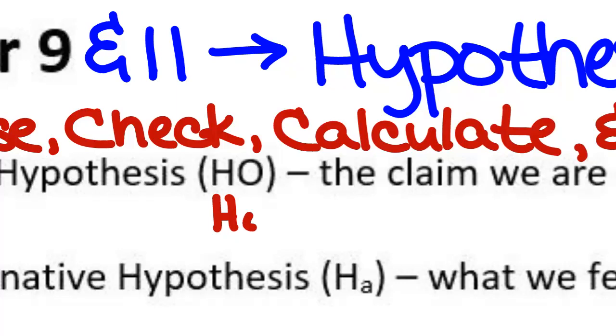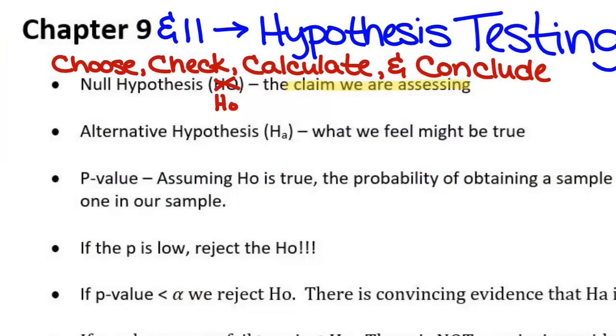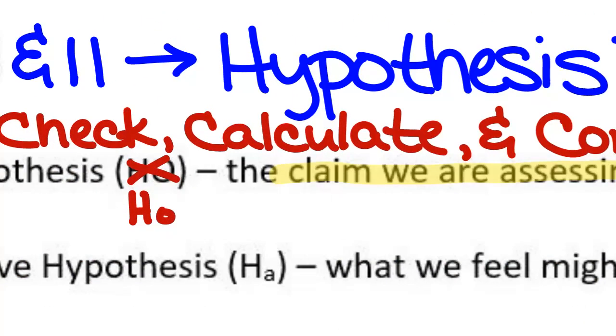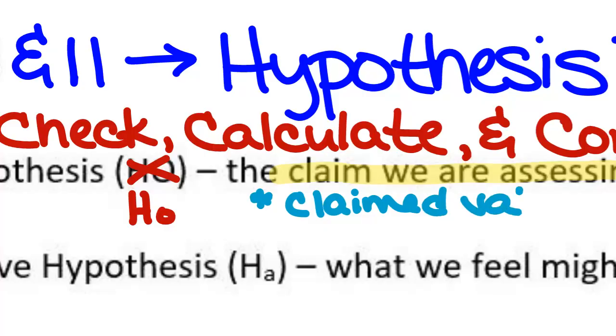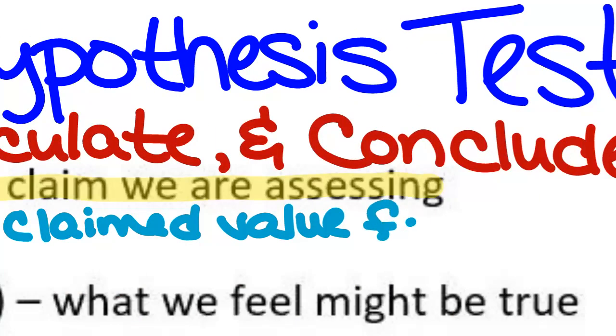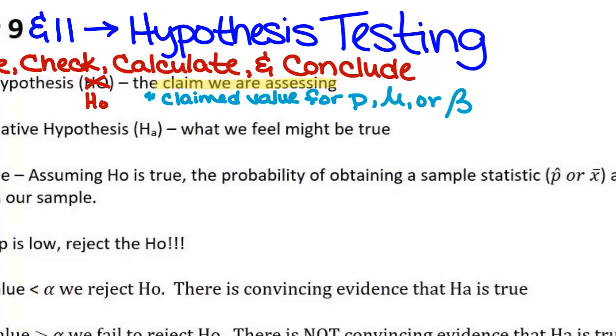It's written with a little o next to it. And this is the claim we are assessing. So the claimed value for P, mu, or beta. The alternative hypothesis, what we feel might be true.